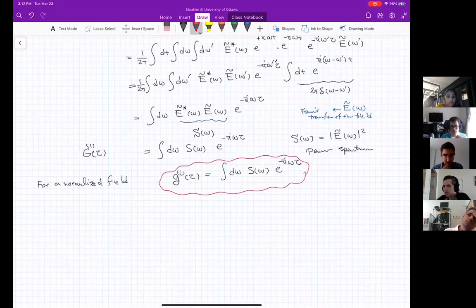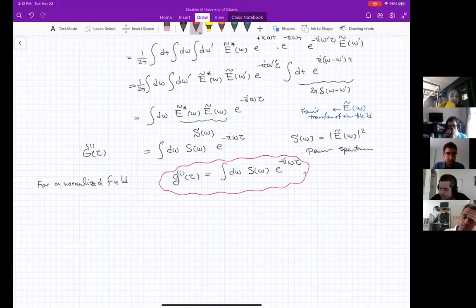And of course, as you say, they are pairs, or they are conjugate, if you want to call them that in mathematical formalism. So the first order correlation function will tell us what's going on with the power spectrum of the beam, how monochromatic the beam is.